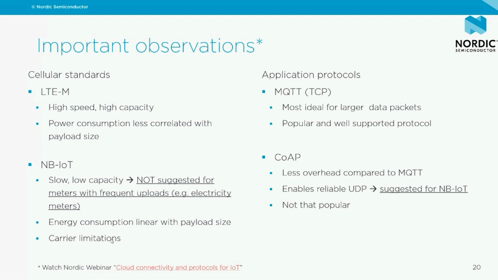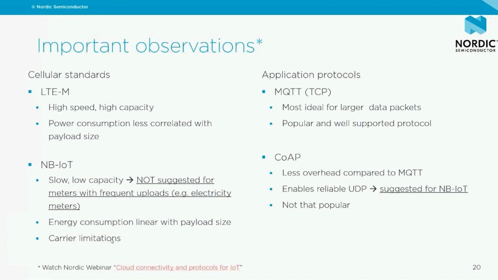That's something you need to think about if you plan to work with a utility that needs to deploy meters in regions where you are asked to put Narrowband IoT in place. Make sure you understand what limitations, if any, the carrier has in that region.